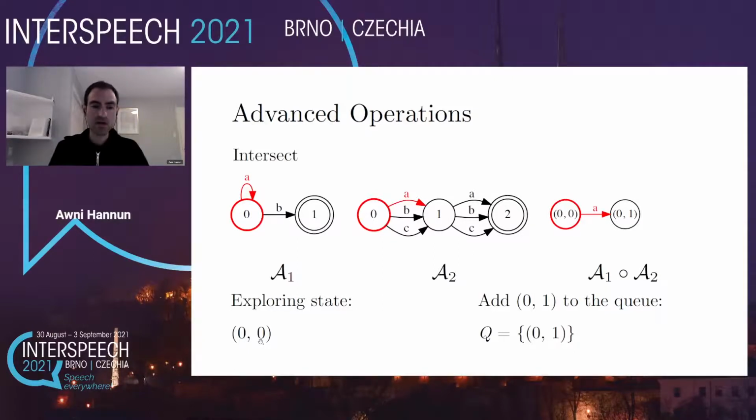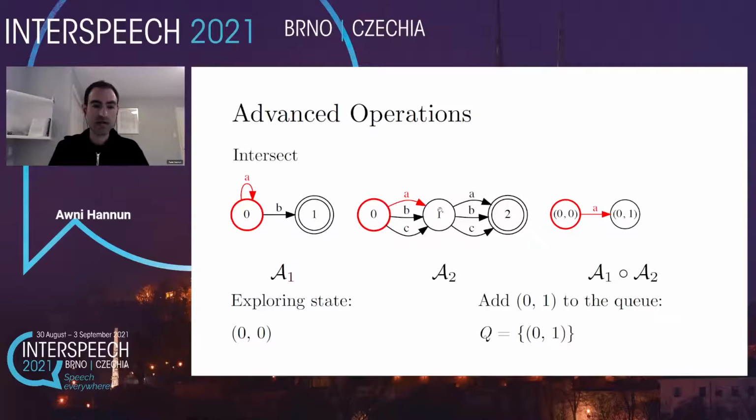From there, we look at all pairs of outgoing arcs. We find the pair with the label A that matches, and the downstream nodes are 0, since this is a self loop, and 1.